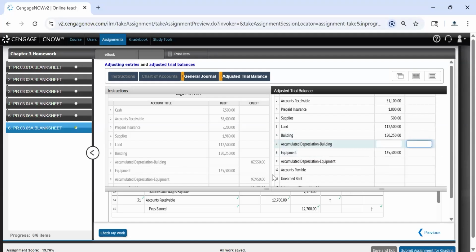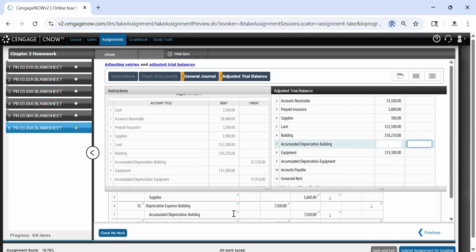And the accumulated depreciation building is going to be the amount of accumulated depreciation previously of 87,550 plus the 7,500, and that is $95,050.